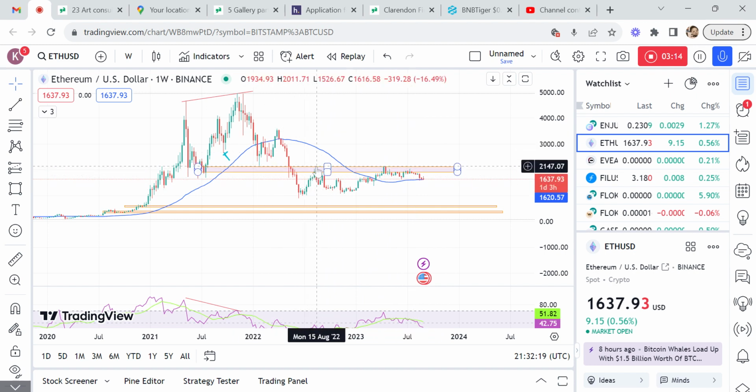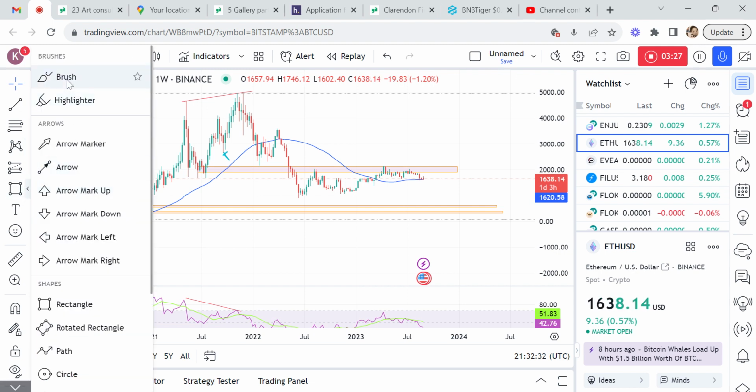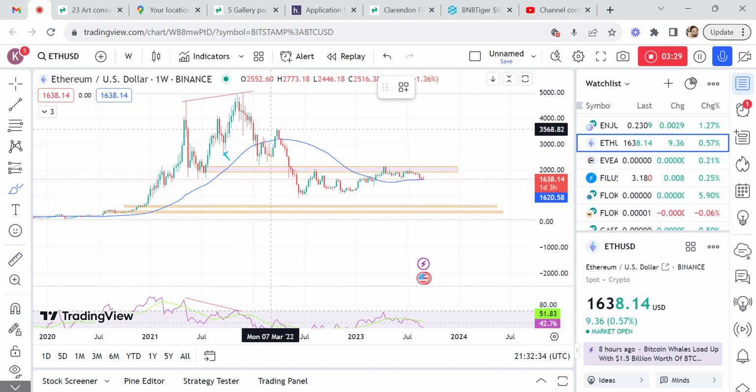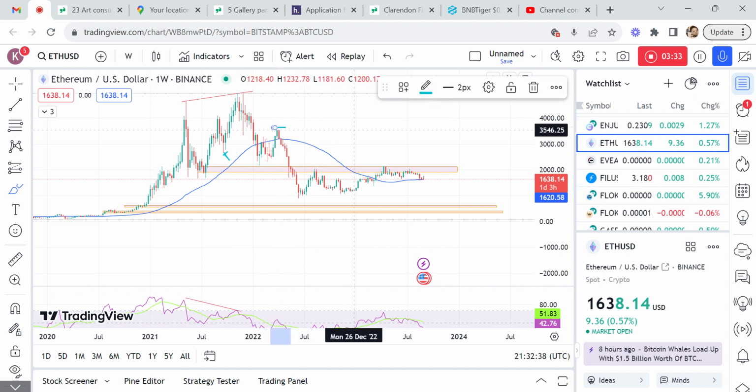It came to retest it here, and it has retested it, it dropped down and retested again. Until the market takes out this high, we are still in a bearish market.